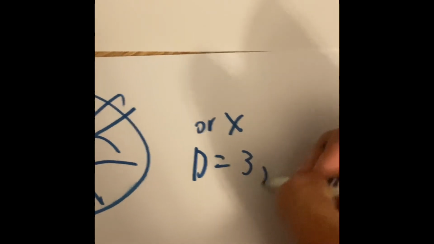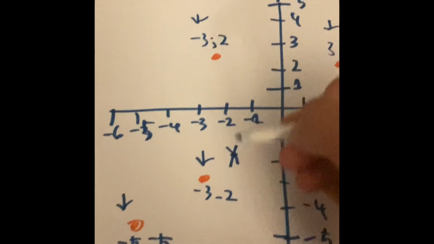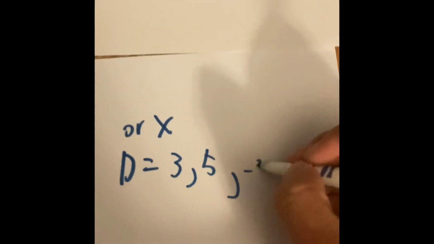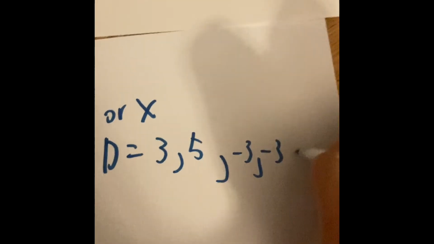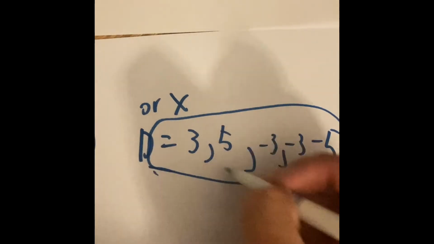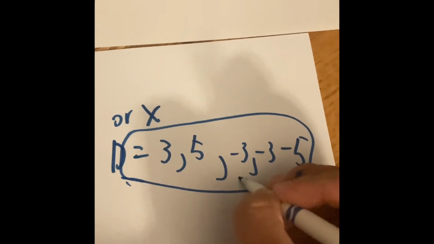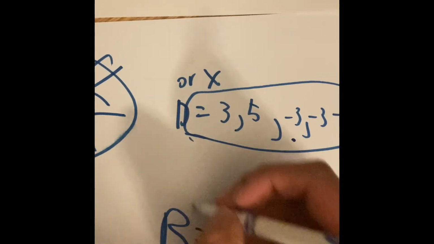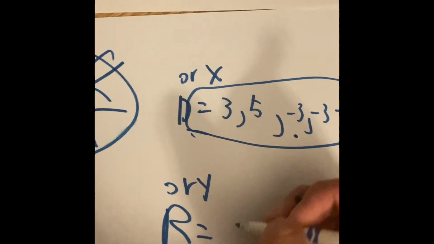So 3, 5, -3, -3 again, and -5. That is going to be our domain. That is our x value, what we insert for x.